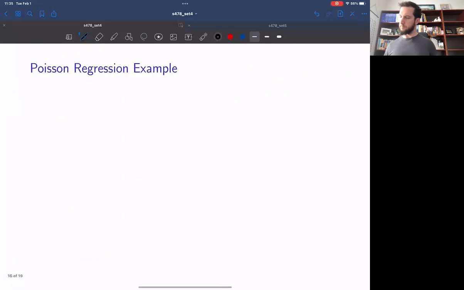All right, so basically what would happen now is we would assess the fit of the model using the deviance.